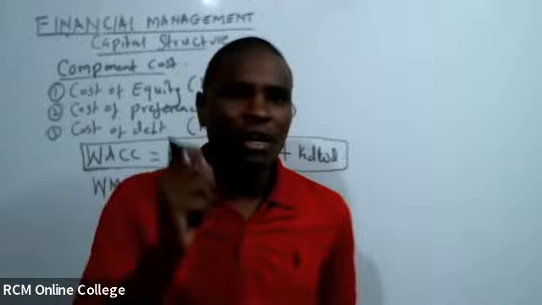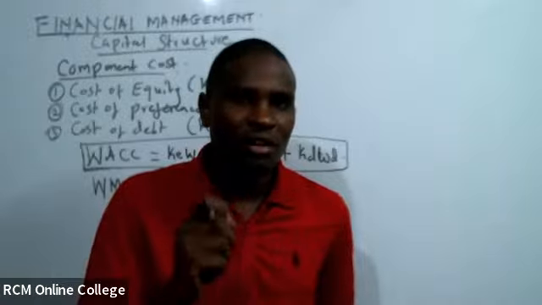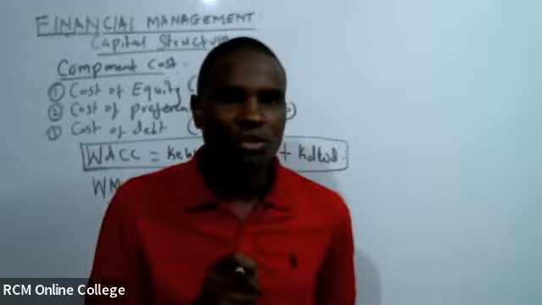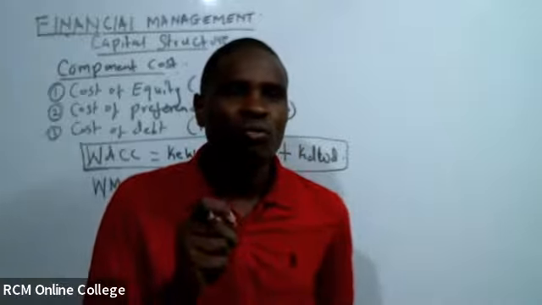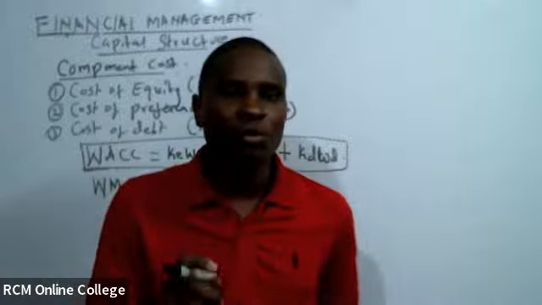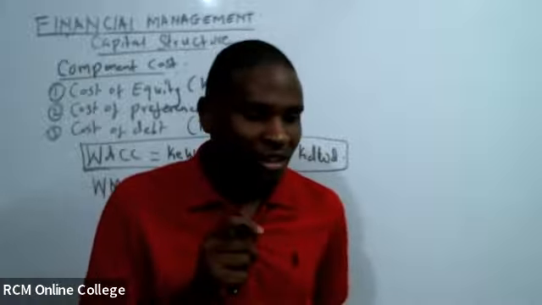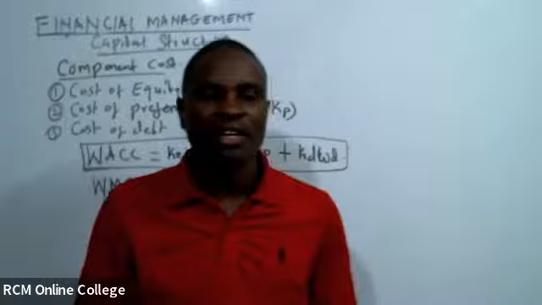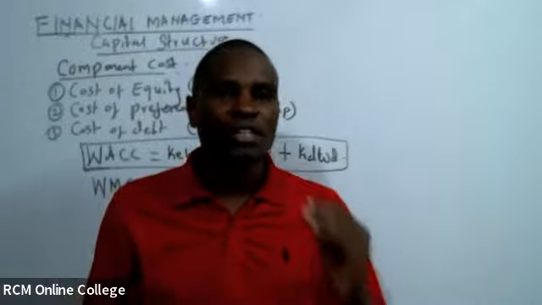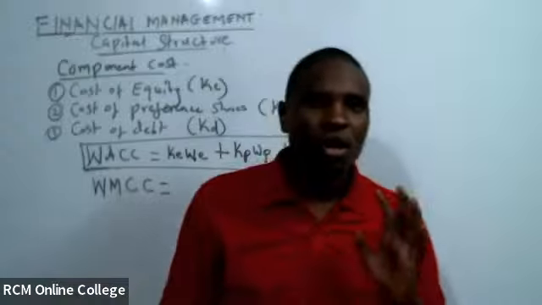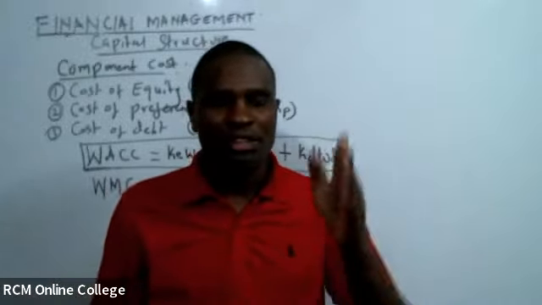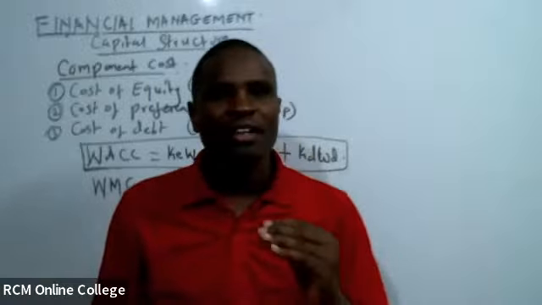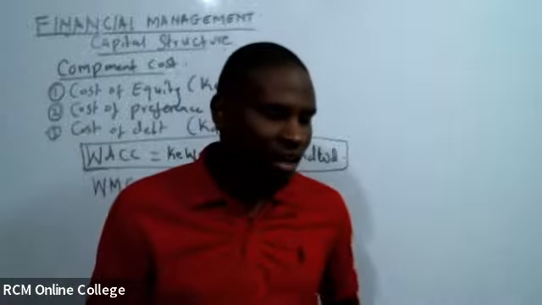We have ordinary share and retained earning as sources of finance, and therefore, under weighted average cost of capital, we prefer using the ordinary share and ignore reserves or retained earning. But that is utilized when it comes to the weighted marginal cost of capital. So even if the question has reserves or retained earning, don't compute the cost of that retained earning.